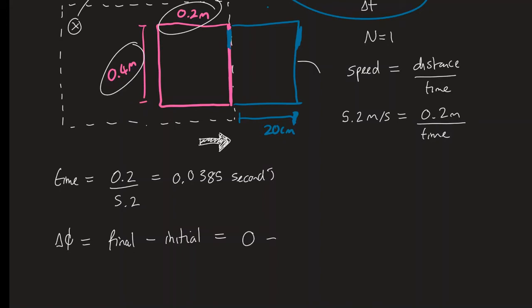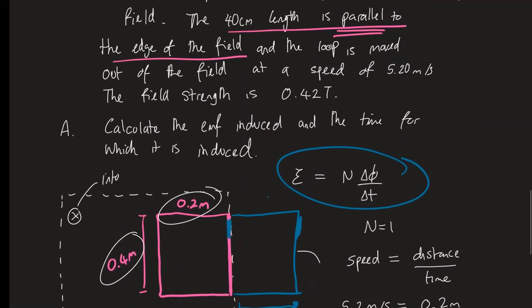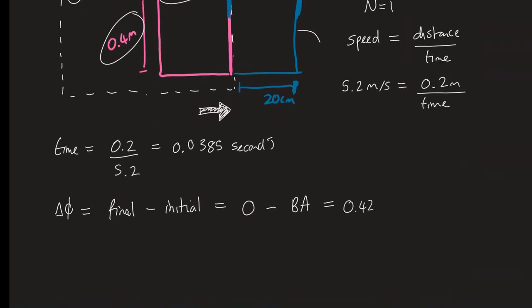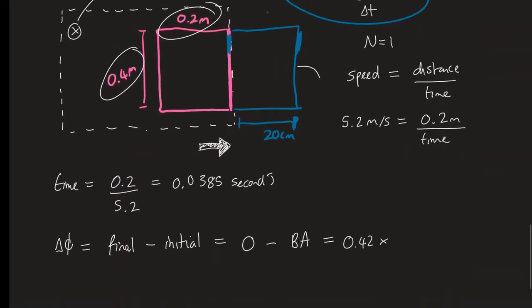And the initial will be B times A. B, we were told, is 0.42 Tesla. And then the area of this shape, well, as it's a rectangle, the area is just the two side lengths multiplied together, the width and the height. So we've got 0.2 by 0.4. So we can work this out.